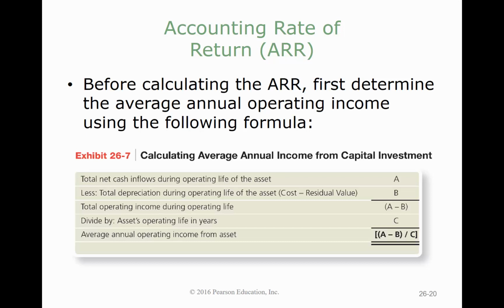It's the total net cash inflows minus the depreciation during the operating life of the asset, which gives you the total operating income during its operating life. You divide that by the operating life in years, and that will give you the average annual operating income for the asset.